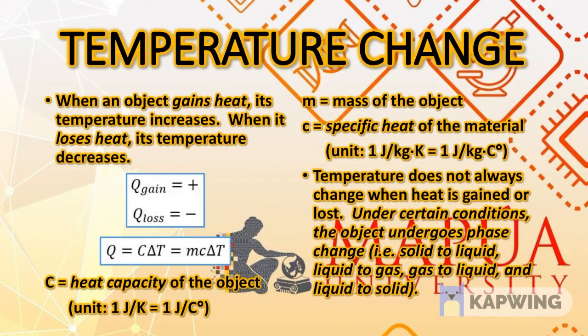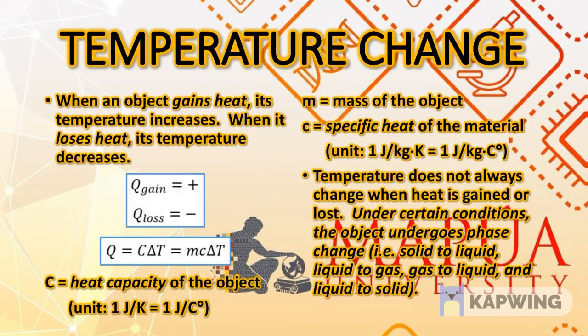When heat is involved, whether heat is gained or lost, typically what happens is the temperature changes. But this is not always the case. Under certain conditions, the object will instead undergo phase change.